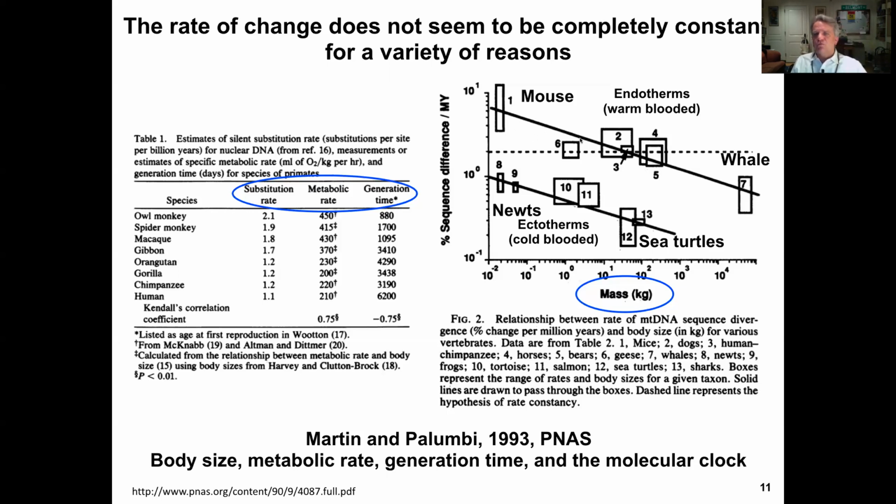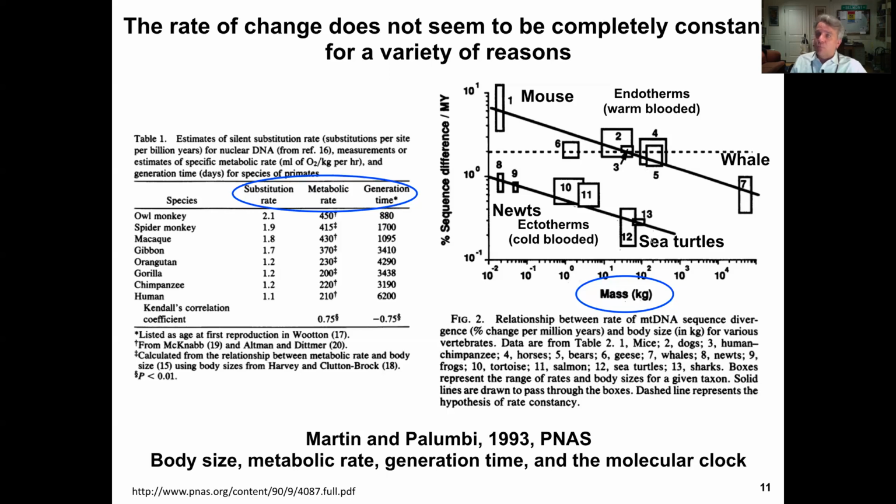And we could see this relationship between body mass as a proxy for metabolic rate and the rate of molecular evolution. So among endotherms, the larger species tend to have a slower molecular evolutionary rate than the smaller species. Within the ectotherms, that is the cold-blooded organisms, we see a very similar pattern in that the smaller bodied organisms have a faster molecular evolutionary rate relative to the larger bodied organisms.